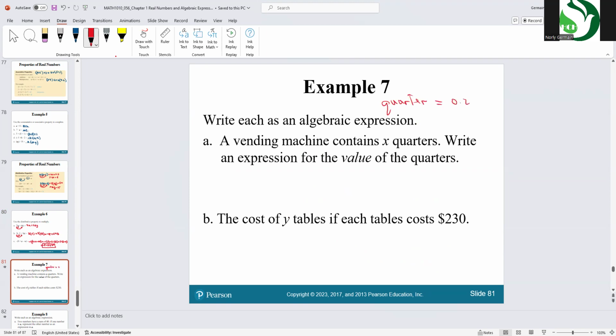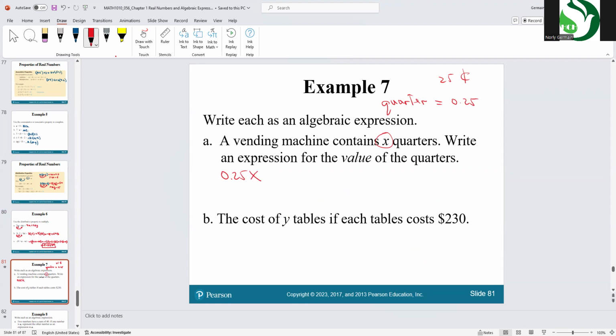Yes, 0.25, or we can say 25 cents. So instead of writing x quarters, you can write an expression for the value. We don't know how many, so it's x. So the value of the quarters is 0.25x. That's what they ask you to write down.